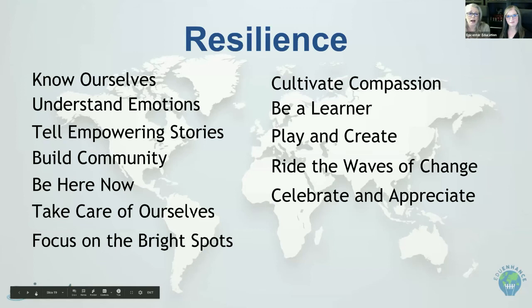In knowing ourselves, we can navigate the world a little bit better because we know how we're probably going to react and respond. We know our strengths, we know our weaknesses, so we make choices based on truly knowing ourselves. I know that I handle things very differently than Jessica, and she handles things very differently than me.